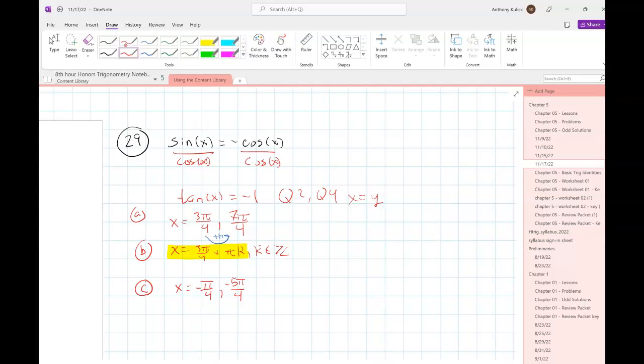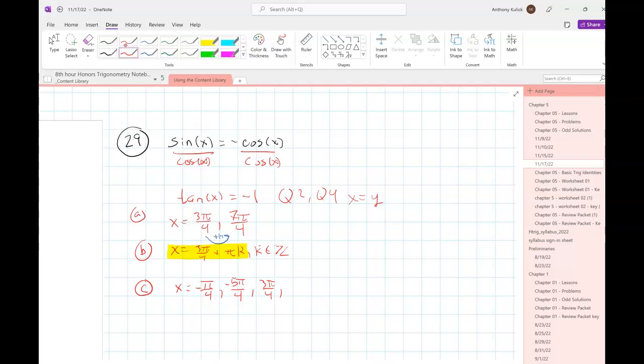If k is -3, I'd have 3 pi over 4 minus 3 pi, which would give me negative 2 1/4 pi, which is too small. So that's the smallest values I've got. Now, if k is 0, I get 3 pi over 4. That's fine.